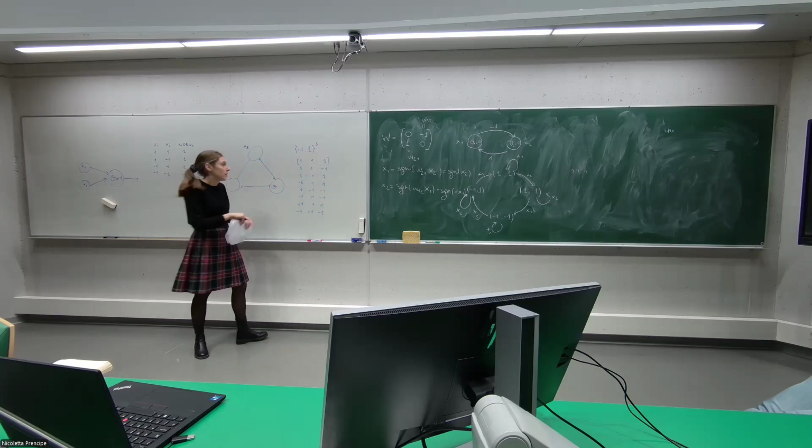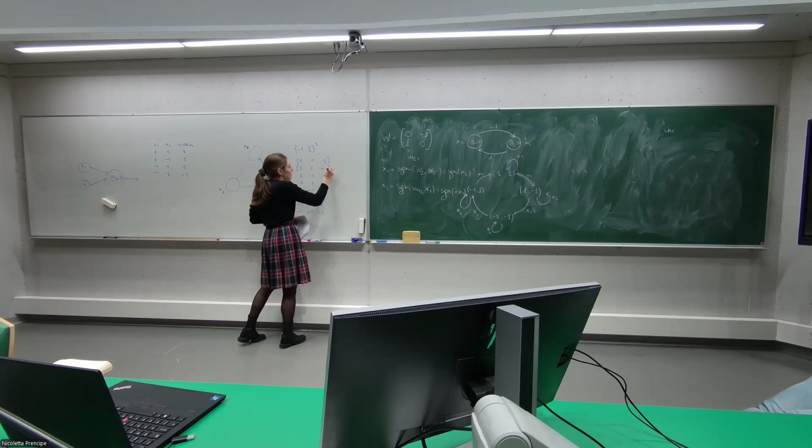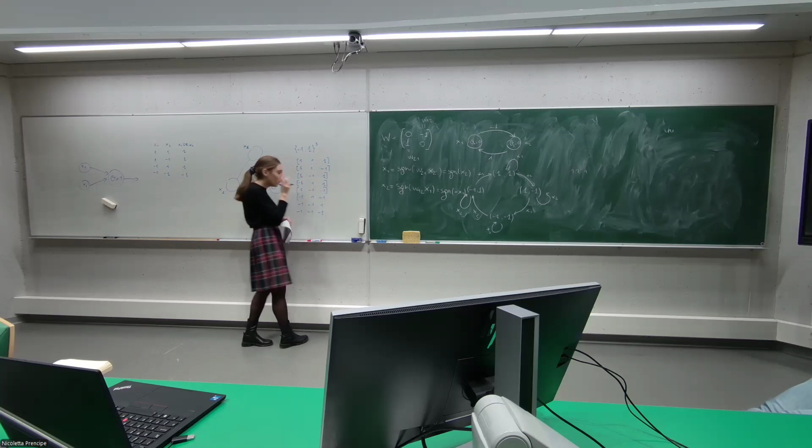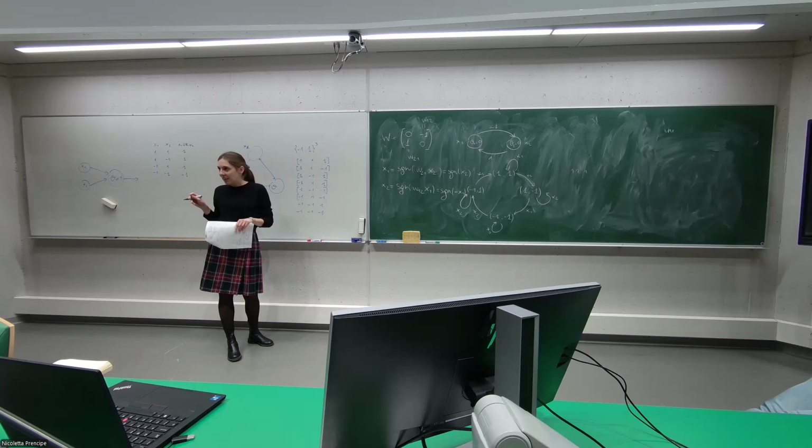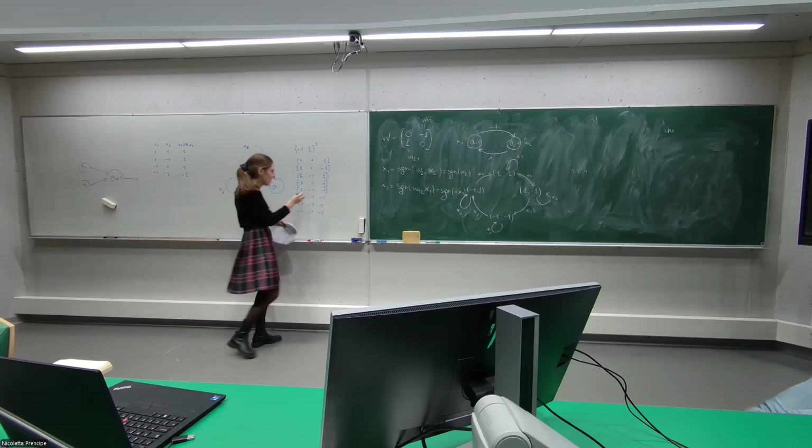I have all these states, and my network moves between them. So having a Hopfield network that computes the OR means having a network whose stable states are those.